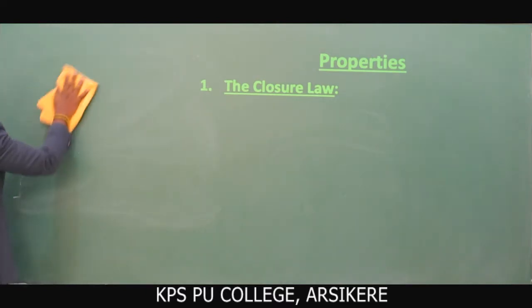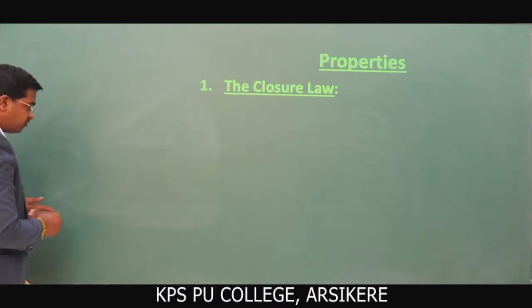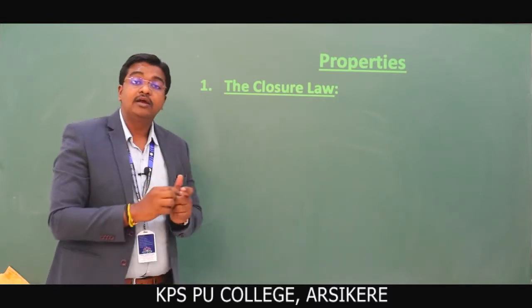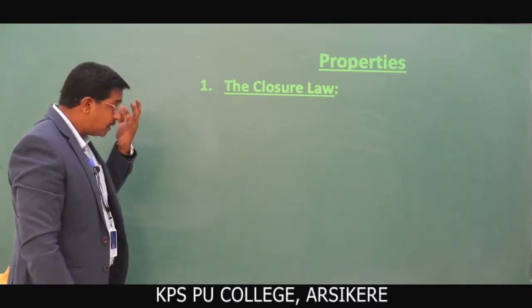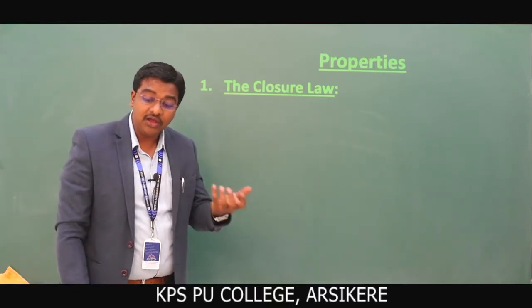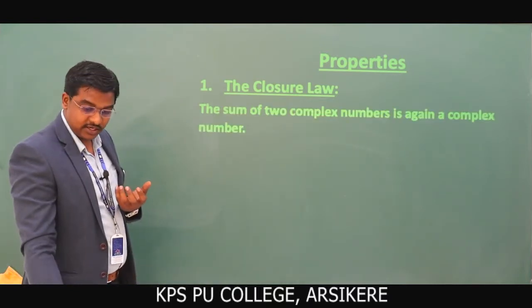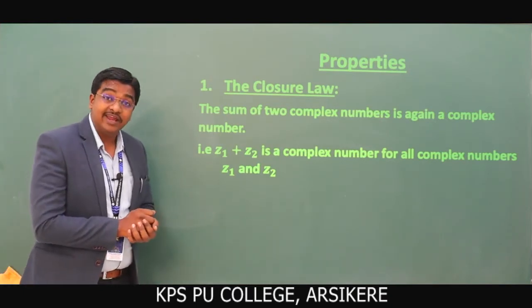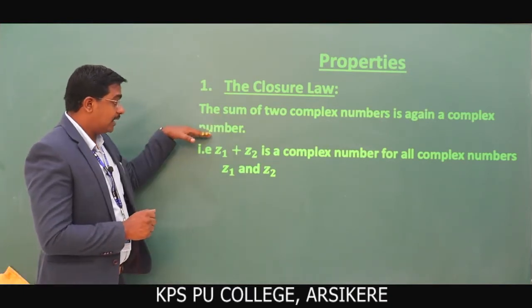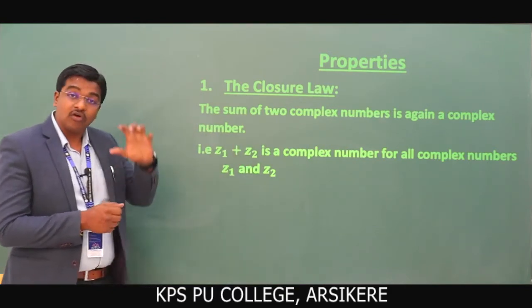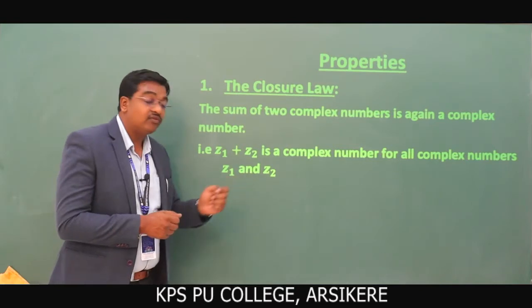If you take any two natural numbers, 4 and 6 are natural numbers, the sum of 4 and 6 becomes again a natural number. At the same time here also, the sum of any two complex numbers is again a complex number. That is, Z1 plus Z2 is a complex number for all complex numbers Z1 and Z2.